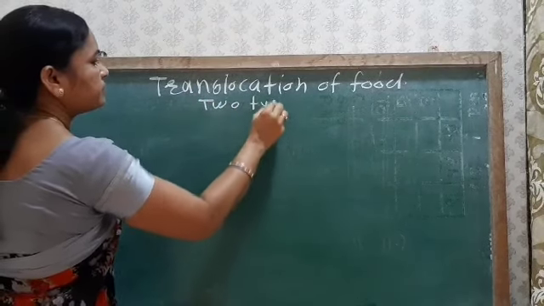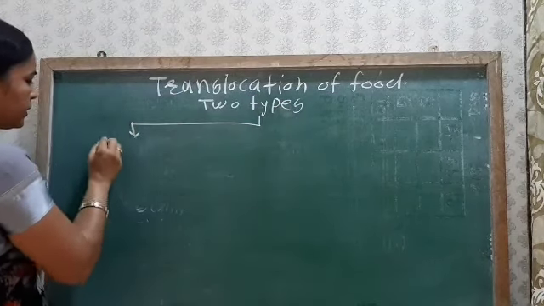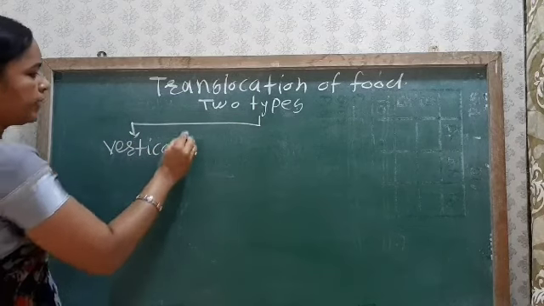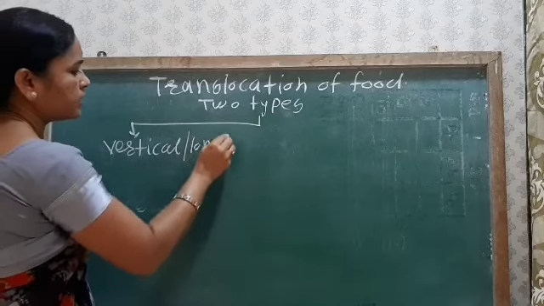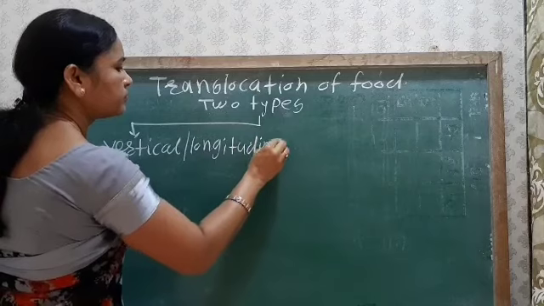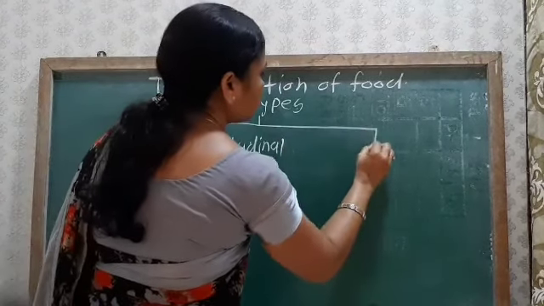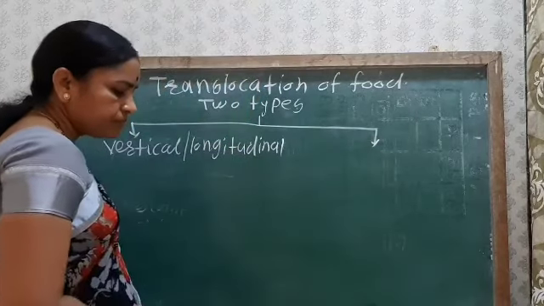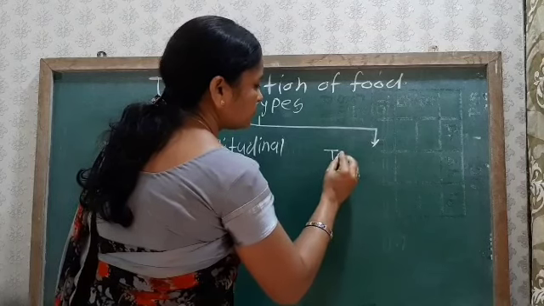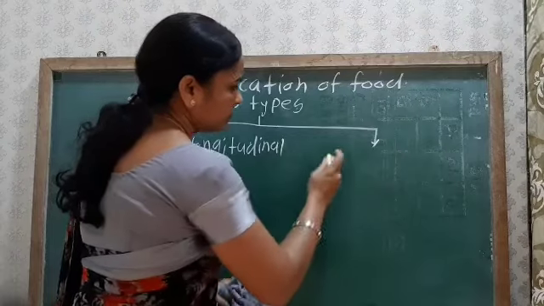One is the vertical translocation, also known as the longitudinal translocation, and another is the lateral translocation.